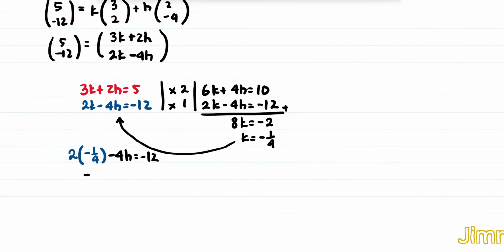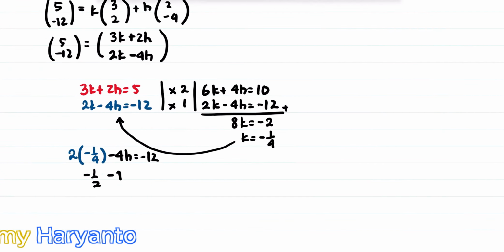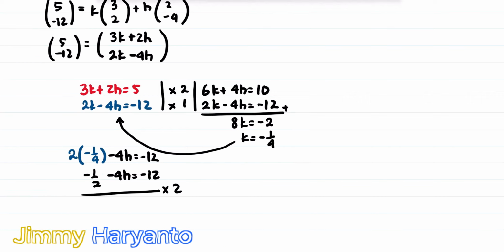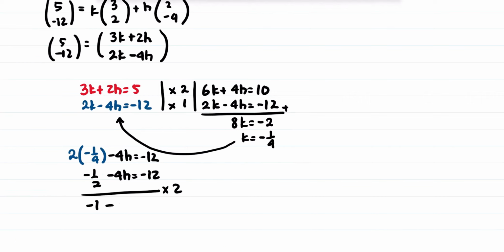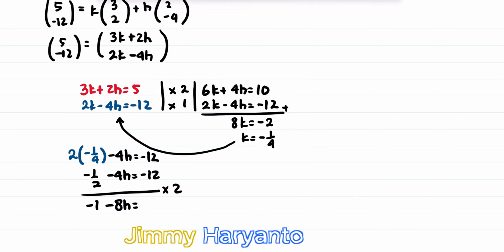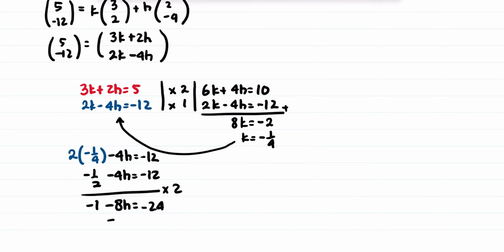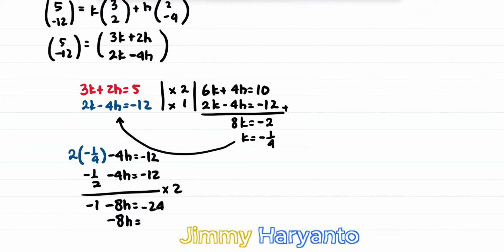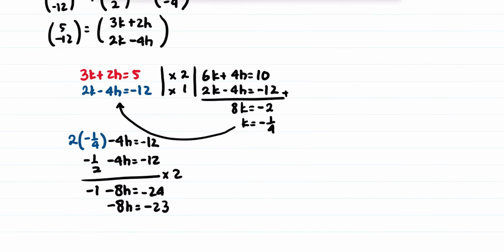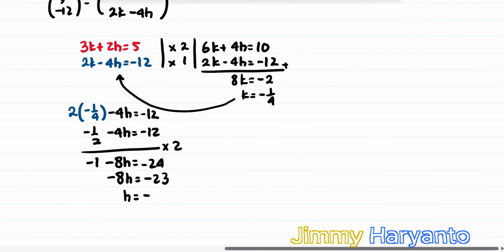So I will have negative half minus 4h equals negative 12. I will multiply them all by 2. Negative 1, negative 8h equals negative 24. So negative 8h equals negative 23, and therefore h equals 23 over 8.